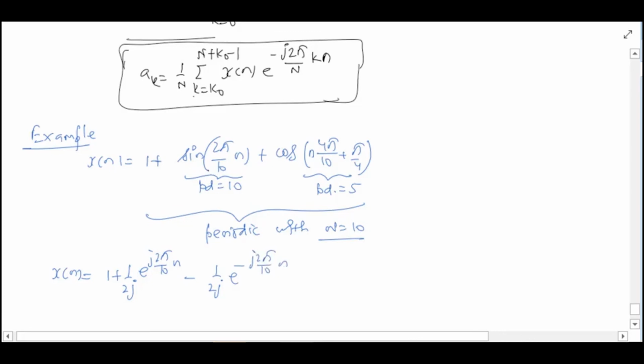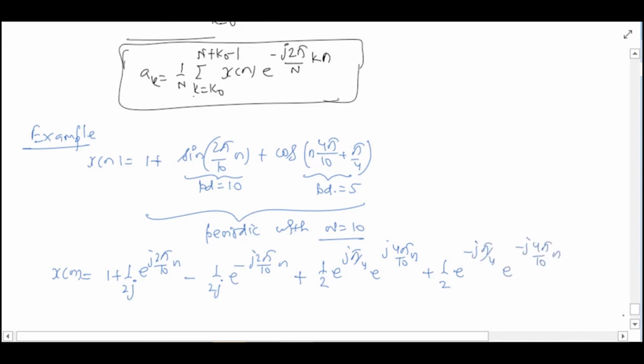This is by just writing the first sinusoid in terms of complex exponentials. Similarly, the second term can be written as a summation of the following two terms: half e raised to j pi by 4 e raised to j 4 pi by 10 n plus half e raised to minus j pi by 4 e raised to minus j 4 pi by 10 n.